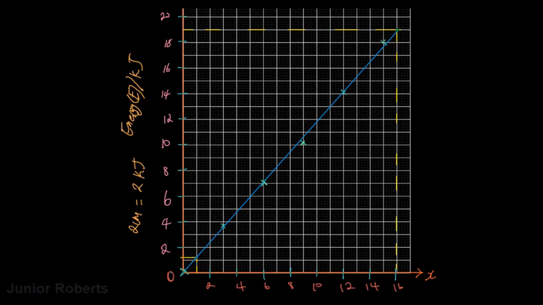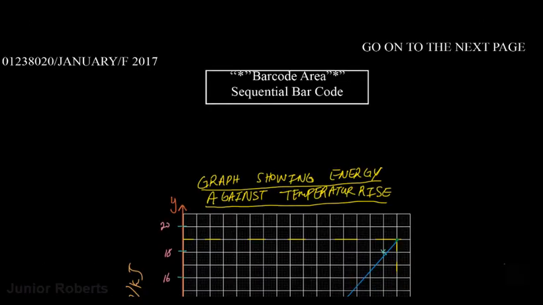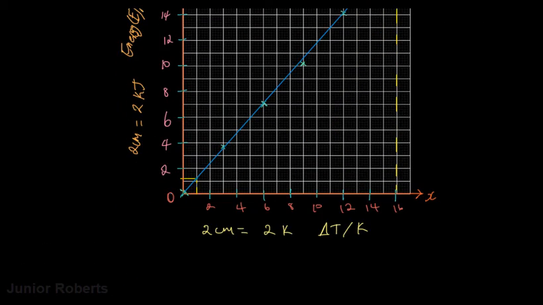So we're going to fill in these values. Right, y2 is 19 kilojoules, and y1 we said was 1.2 kilojoules, and we're dividing that by x2 minus x1. So let's read out for x2 and x1 values. x2 in this case is 16, while x1 is 1.